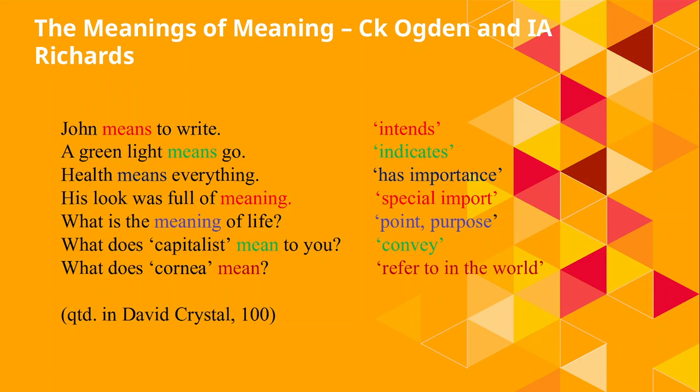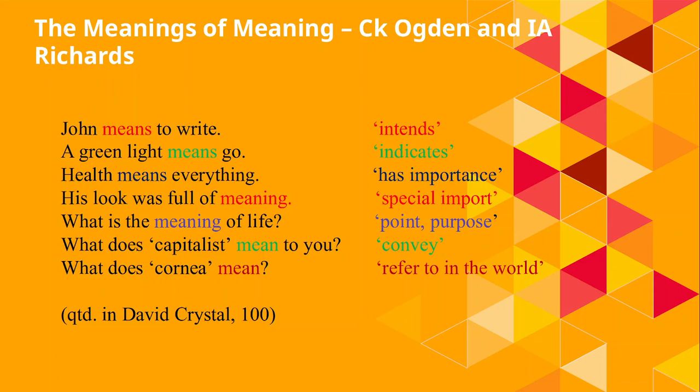Take for instance the first sentence. John means to write. Here means indicates the purpose that John intends to write. In the second sentence, a green light means go. Here means conveys the meaning of indicate. A green light indicates go.